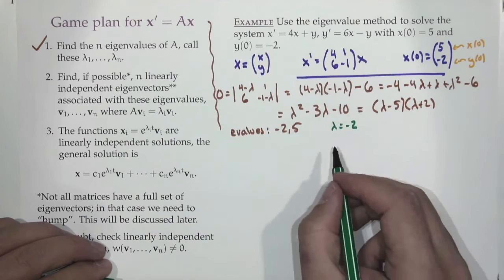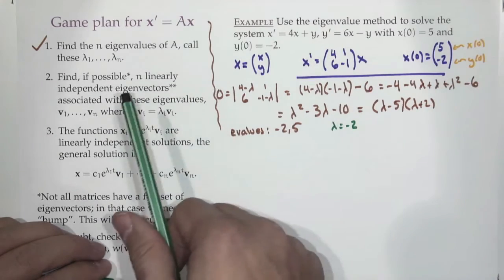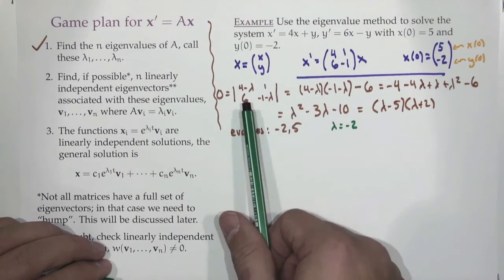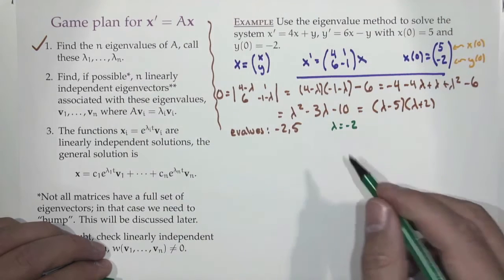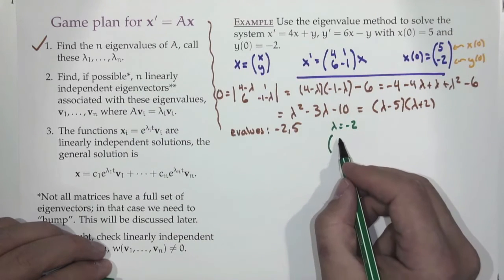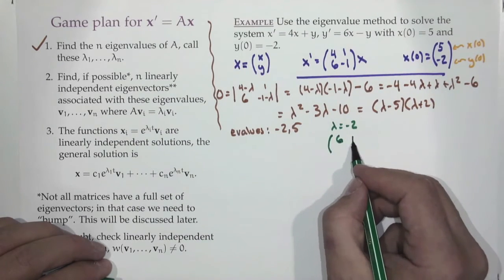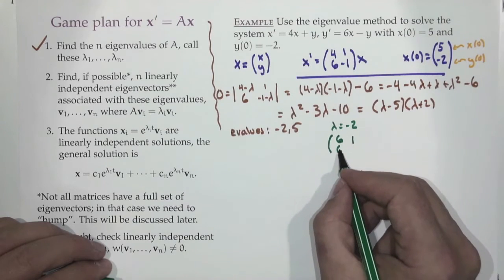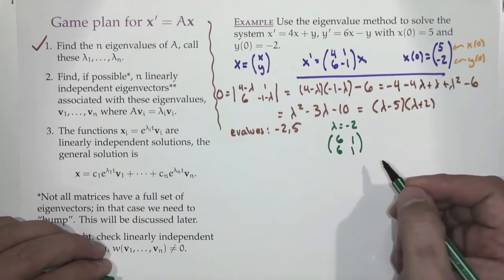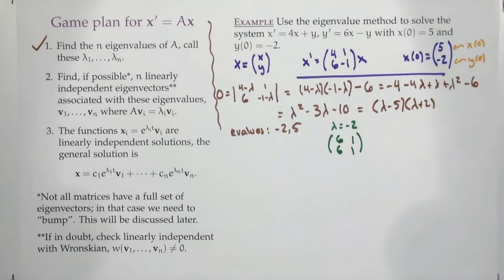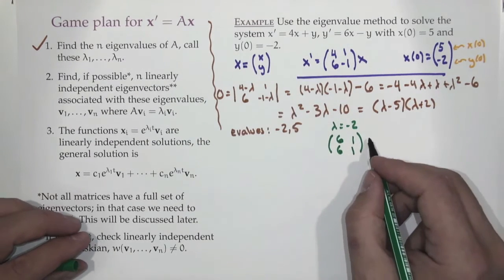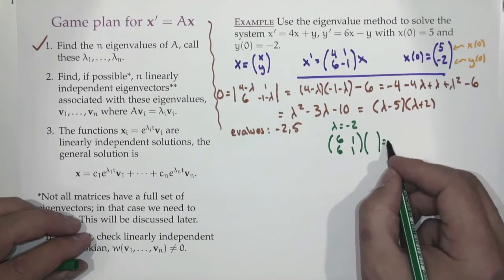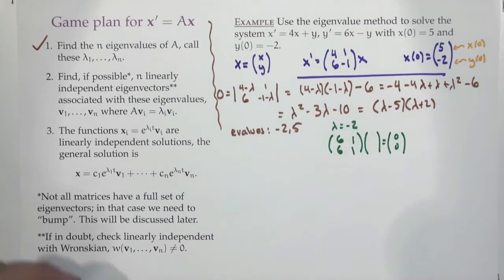So we're going to look at our A minus lambda I. So essentially, take a look at this matrix. So we'd have 6, 1, 6, 1. Do we see some vector? Can you spot the vector that when you multiply it gives us 0, 0?